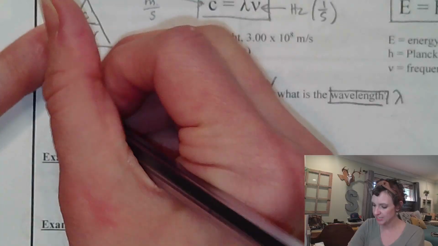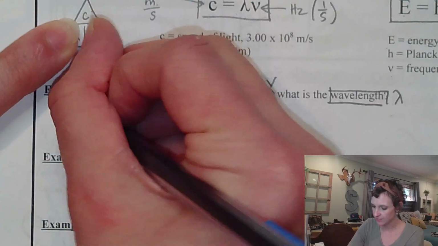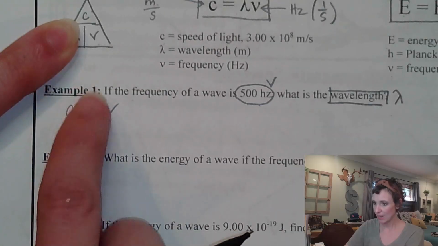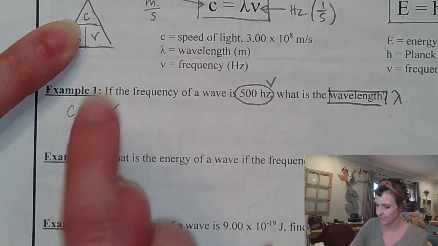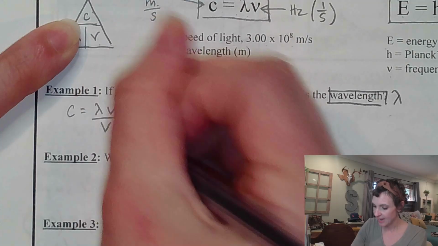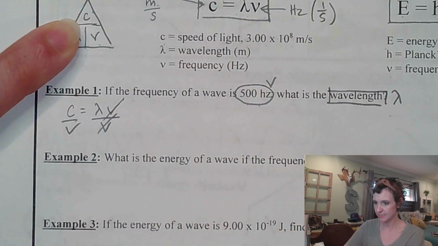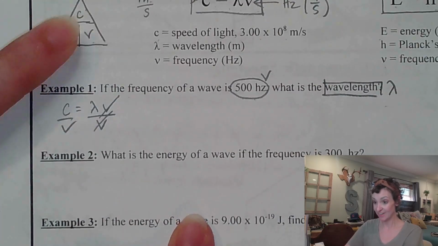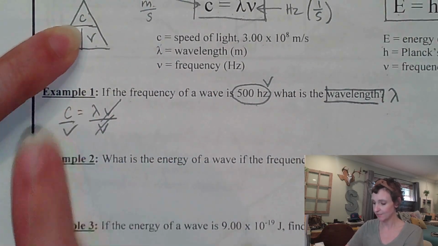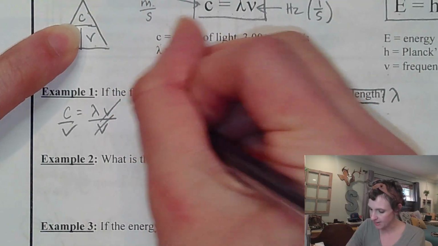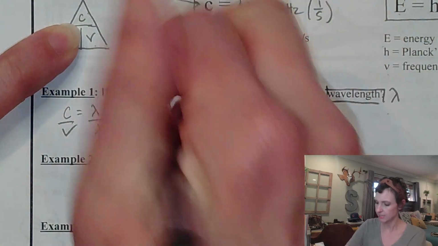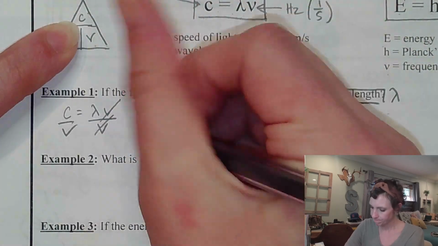I'll show you guys mathematically first what we are actually doing. To get wavelength by itself, I've got to get rid of frequency over here, right? I've got to divide both sides by frequency, because then the frequencies go away over here and wavelength is by himself. And if I cover up wavelength on my triangle, that is what you see, C over V. So my equation, once again, I want you guys to show: I solved for wavelength, oh my goodness.